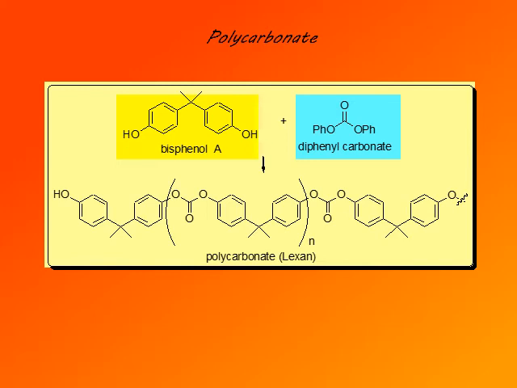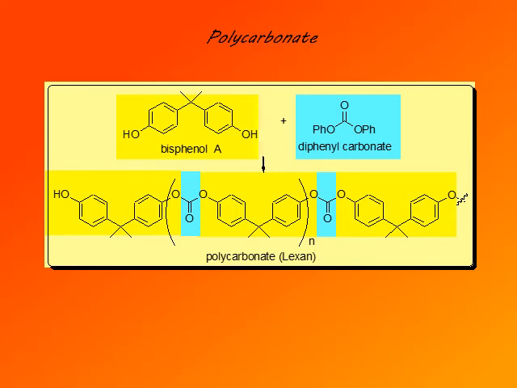Phenoxy groups are very good leaving groups. So reaction of these two gives a very good glass-like polymer. In fact, that's an excellent polymer because its optical properties are very similar to those of glass. And it's much lighter than glass. Also, when it breaks, it doesn't produce sharp edges like glass.